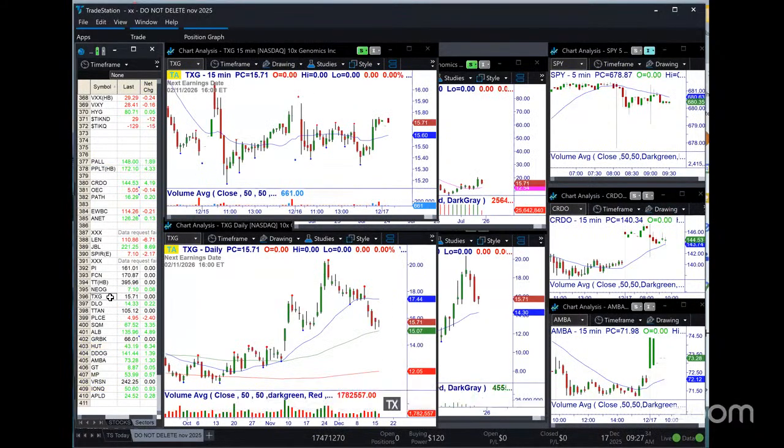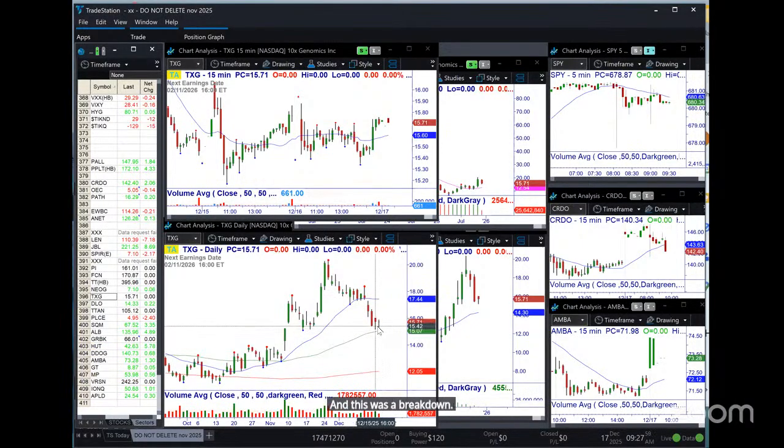TXG. Trying to make the turn, but see this is, well, this is fluid. But from here to here is not, because this was a buy setup that failed, and this was a breakdown.